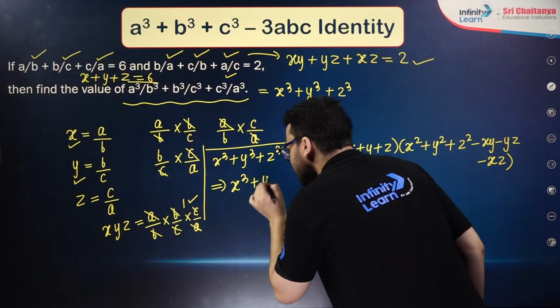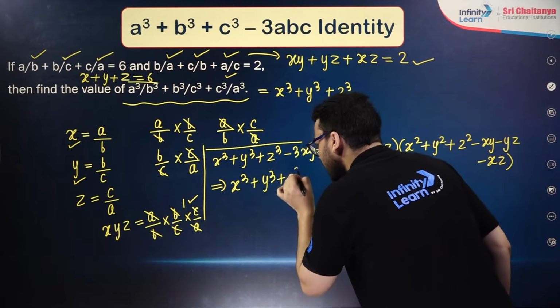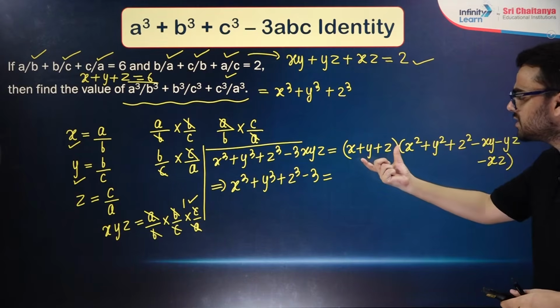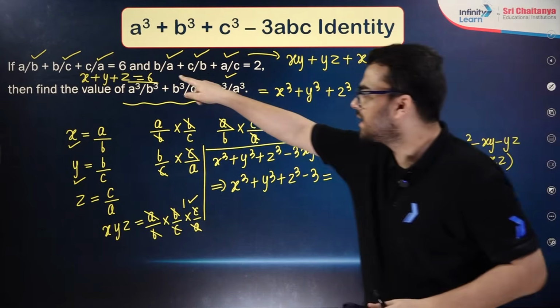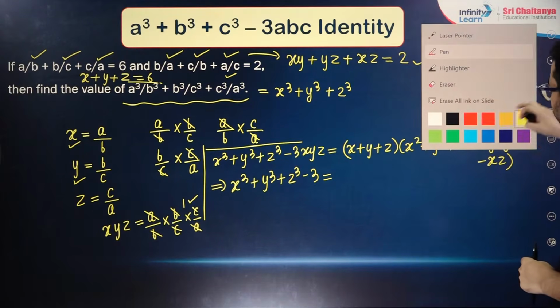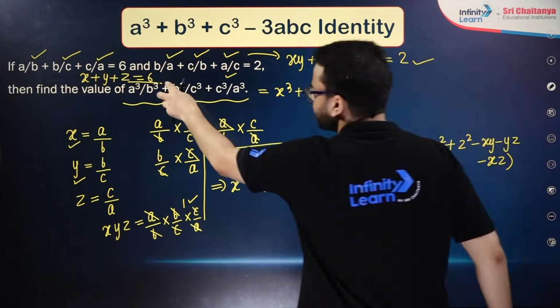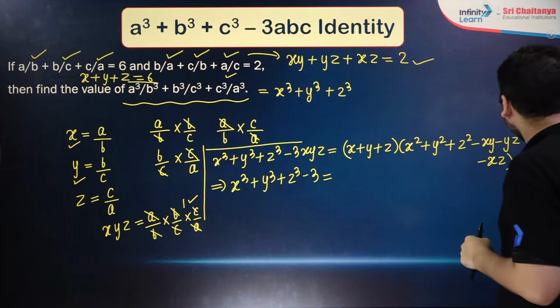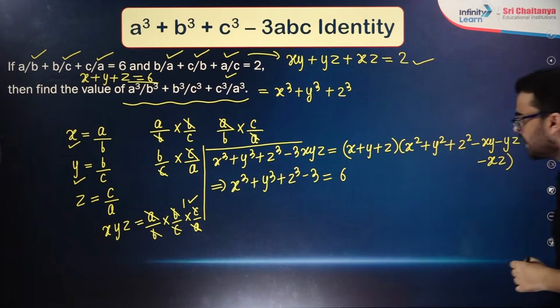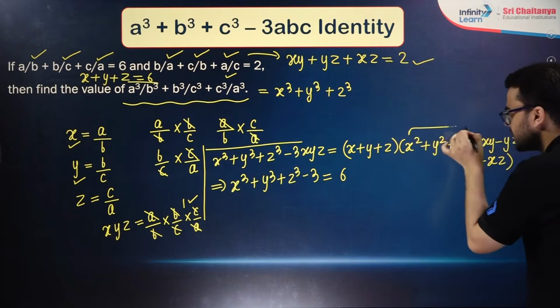So x cube plus y cube plus z cube minus 3 you will get. That's correct. Now you see, x plus y plus z is already there. That is 6 as per this question. So this thing is 6. Now you see, we don't know this value.